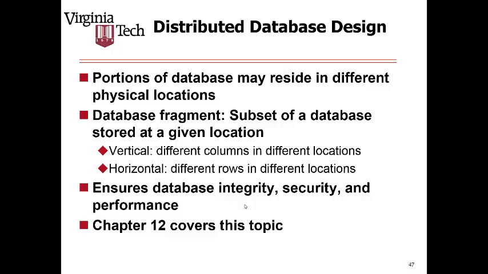But if you decide that, and almost always for performance reasons, you need to locate data near users, that's called database fragmentation. And so, depending on how you fragment, right? Say you wanted to keep all of the Social Security records for Alaskans in Alaska, because they're the only people that ever check the Social Security records for people in Alaska.